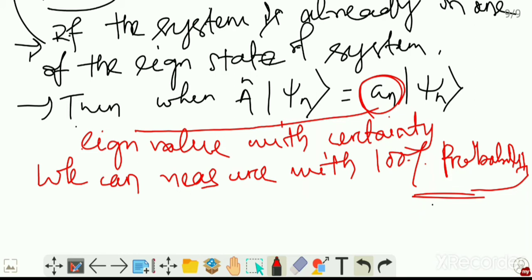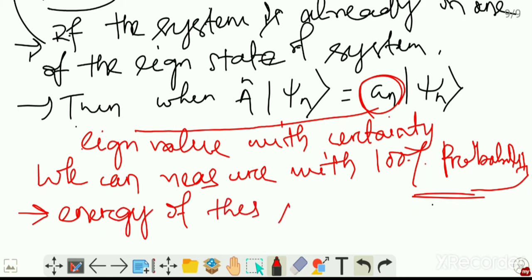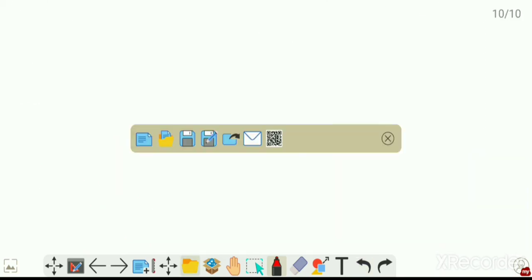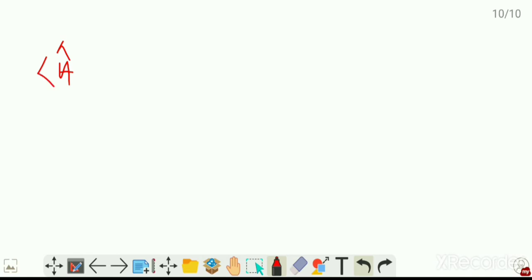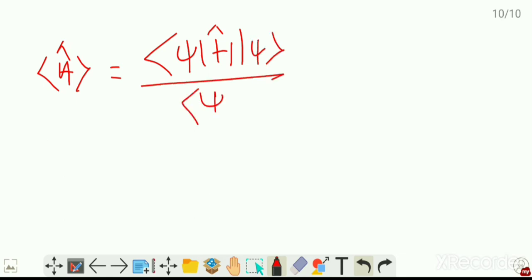Now the energy of the system, we know, is represented by the expectation value of the Hamiltonian operator H cap, that is, psi H cap psi over psi psi.